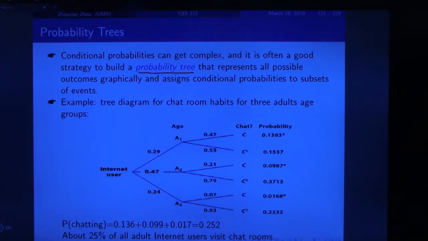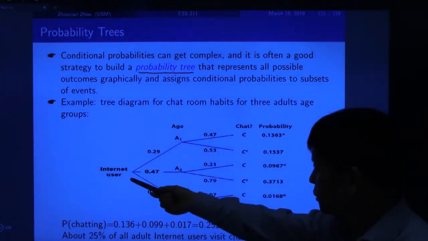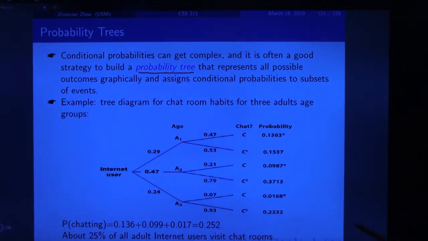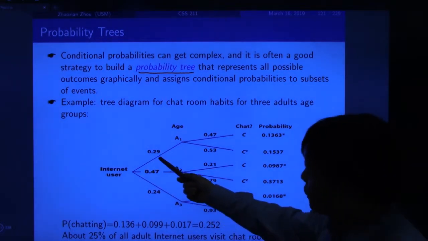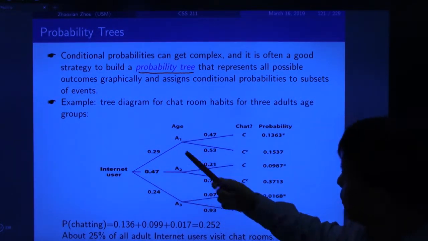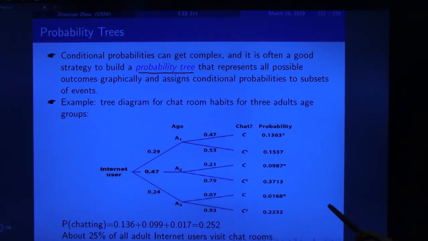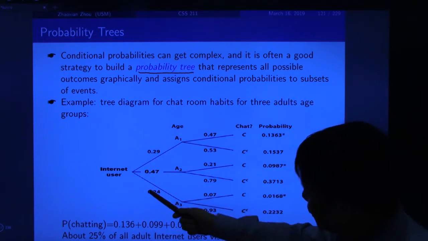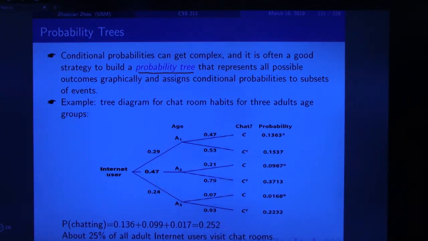Here is an example. This is a tree diagram for chat room habits of three adult age groups. Internet adult users can be classified into three age groups, A1, A2, A3. Of the adults, 29% belong to group A1, 47% belong to group A2, and 24% belong to A3.